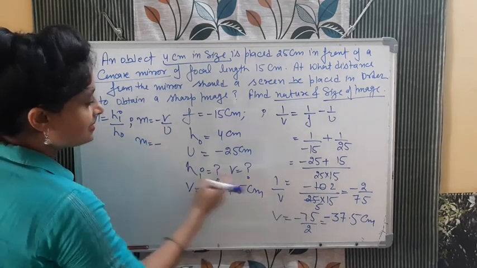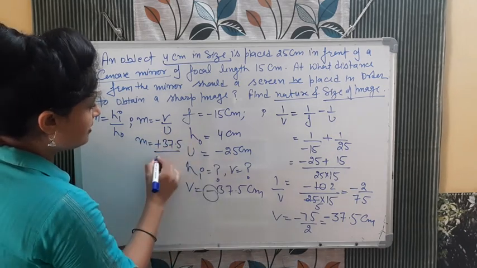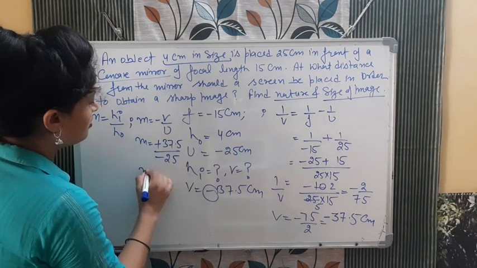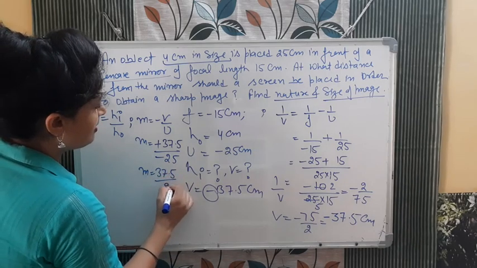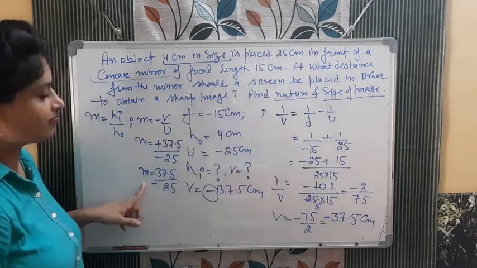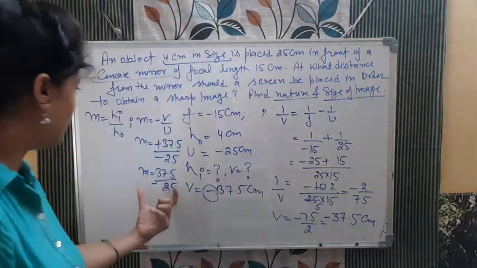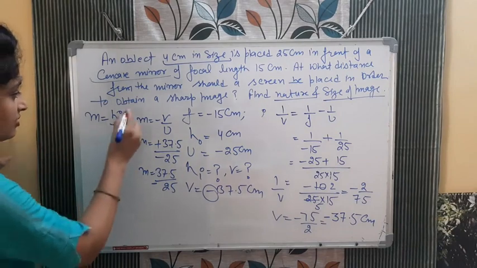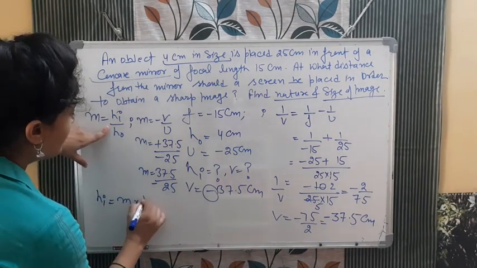V minus 37.5 divided by u. U is minus 25. You can solve from here M. You will get the value 37.5, 25. And negative. So simple one thing, magnification क्या आएगा? Negative आएगा. Magnification is negative here. Put this value of magnification here, hi, when you will calculate from this formula, m into h naught.